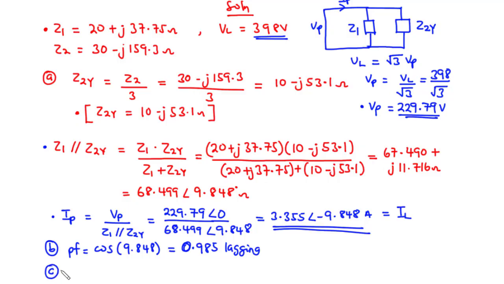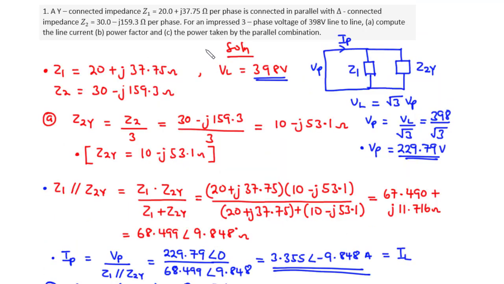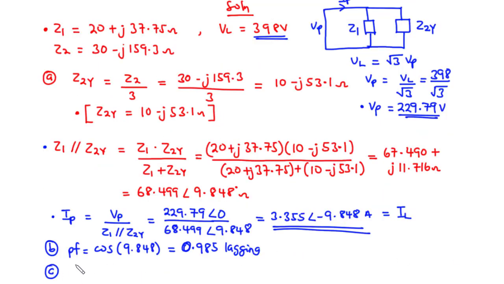Now to C, we are asked to find the power taken by the parallel combination. So the power in a three-phase system, that is the active power, is given by square root of 3 times the line voltage times the line current times cosine of angle phi.